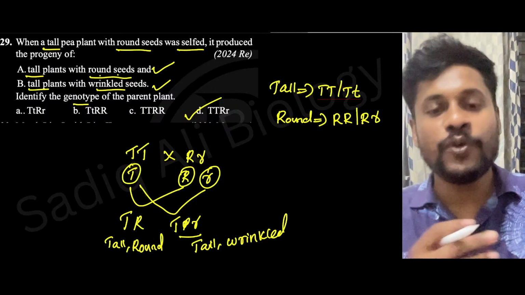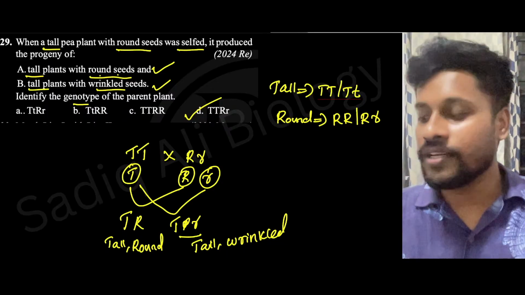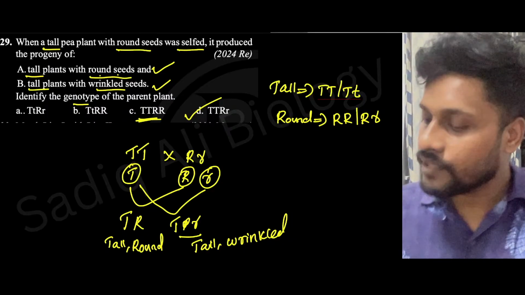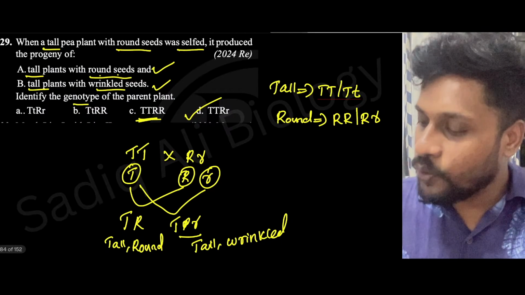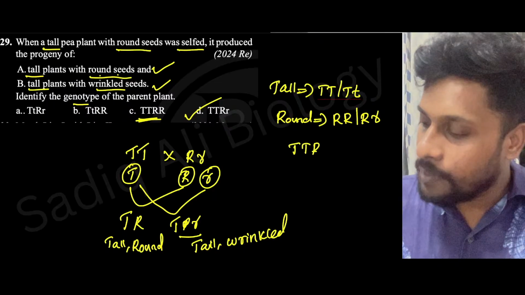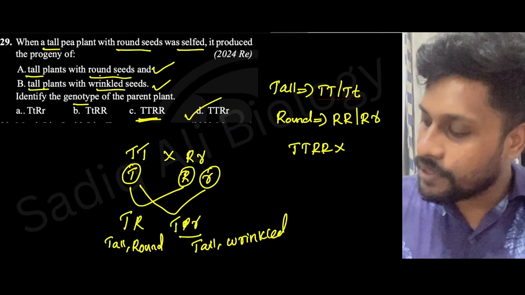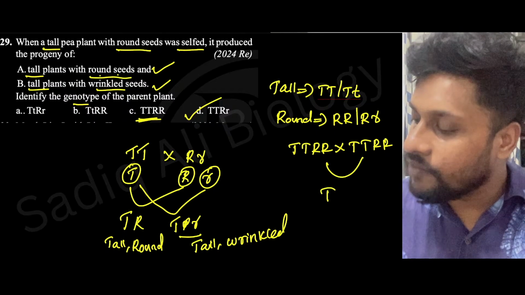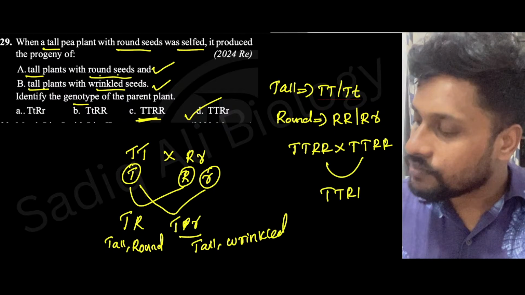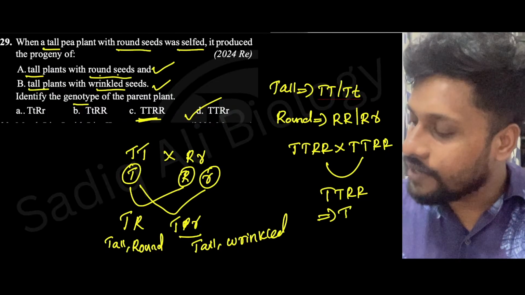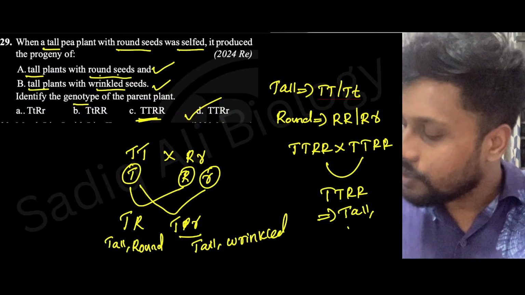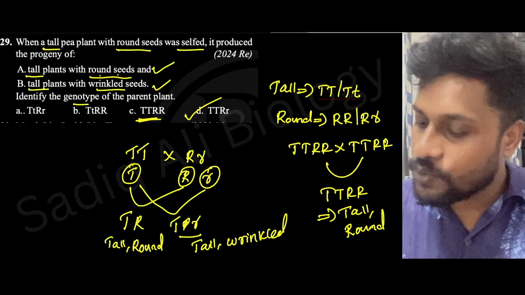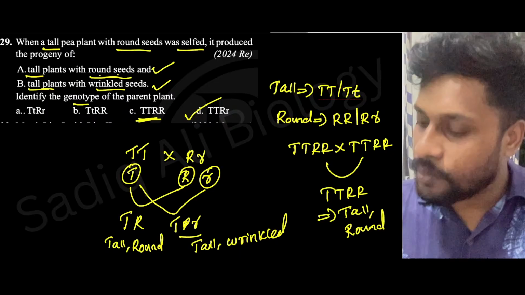Suppose, imagine you don't know how to guess. Then the only option is to try everything. Let me try this one. If I am doing capital T, capital T, capital R, capital R crossed with capital T, capital T, capital R, capital R, all children will be tall and round. We will not get wrinkled, so this won't be the answer.